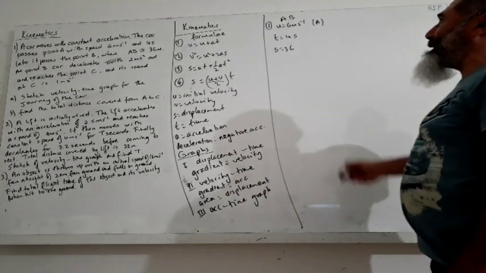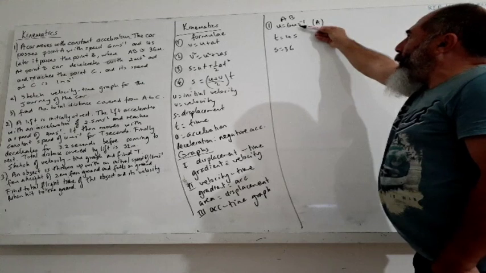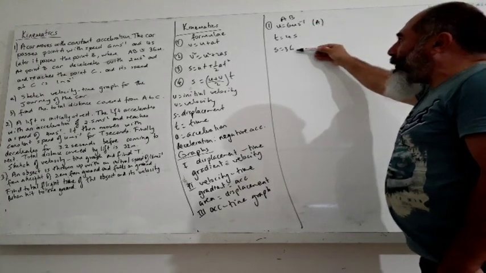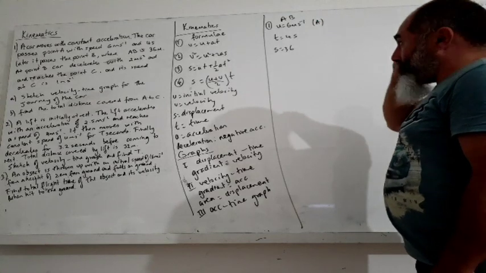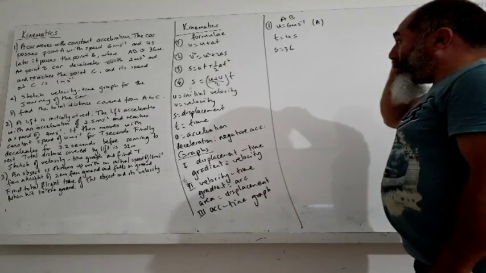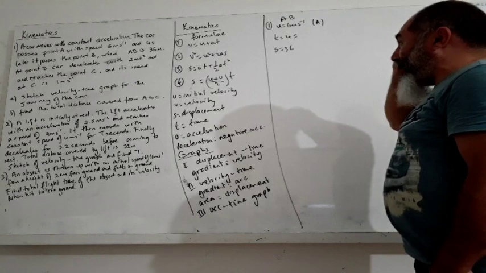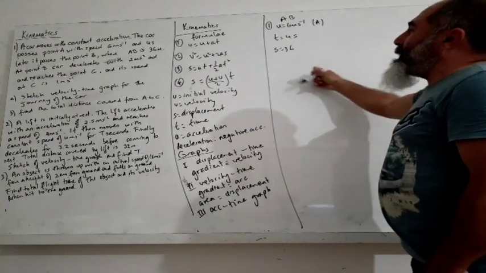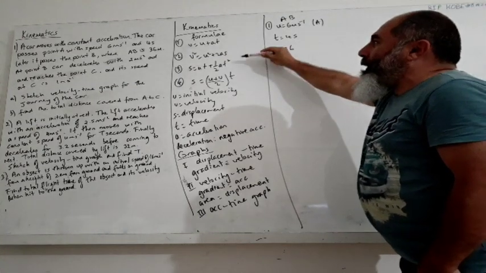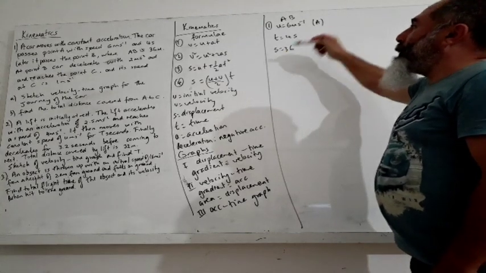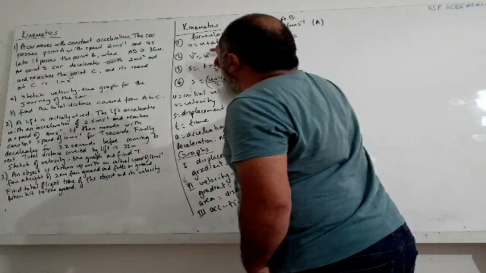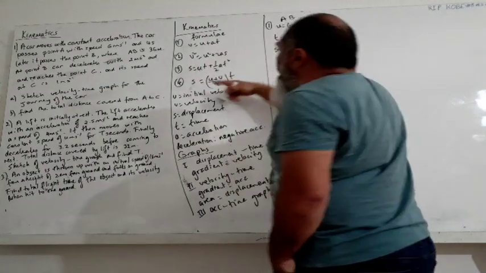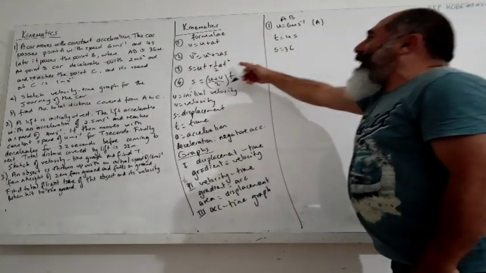We know U, we know T, we know the displacement between A and B. So we can use the third formula, because we know U, T and S, and the only unknown is acceleration.